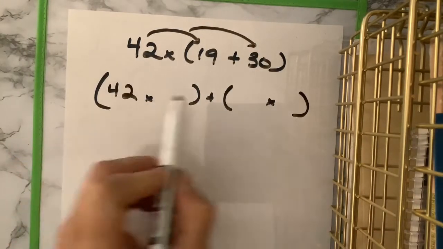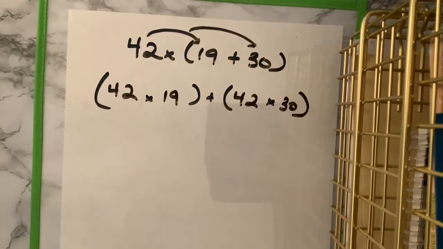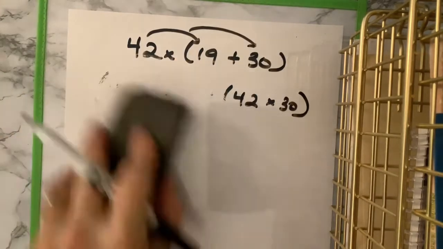The 42 is in both. And then we distribute the 19 and the 30. Let's try one more, and then we're going to go the opposite direction.